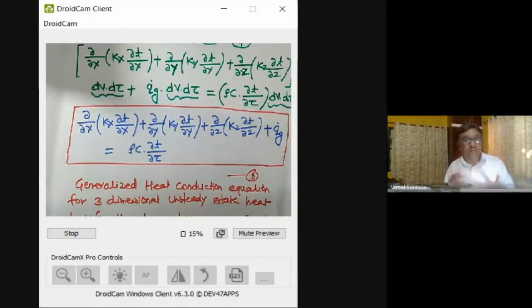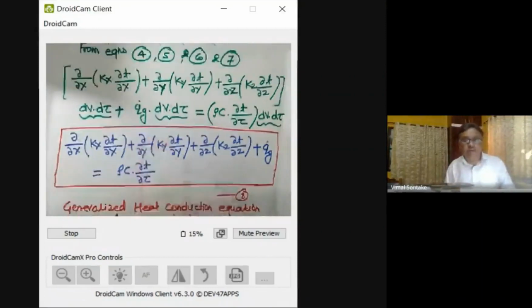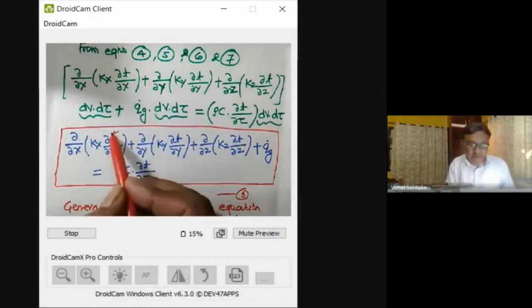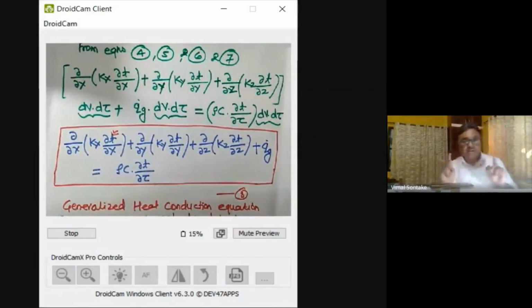Because of all these real conditions, we want to find out the variation of temperature of the body. This equation will give me the answer to that question, where this T is nothing but the variation of temperature of that body at any moment of time.